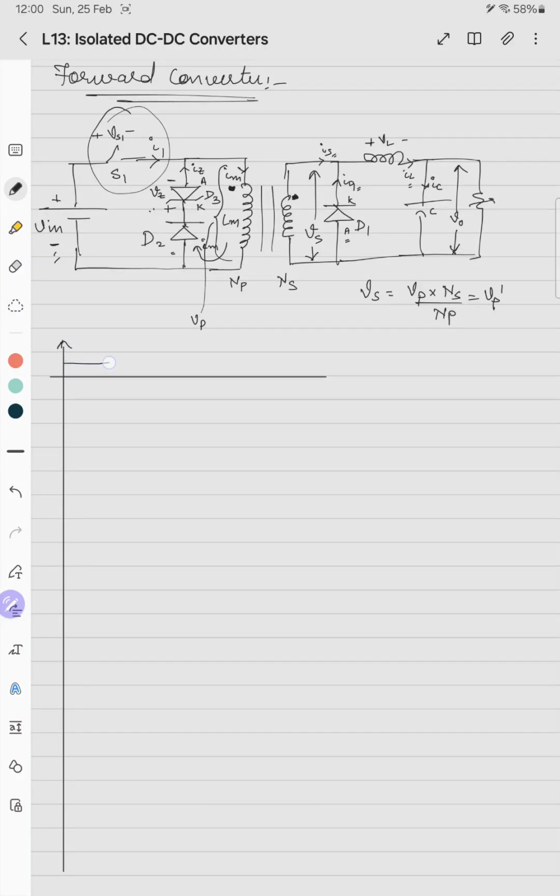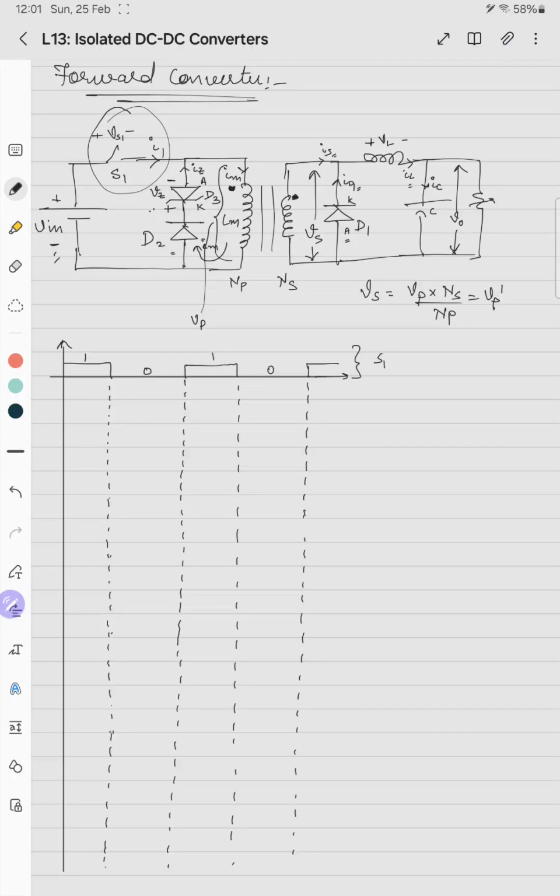Say that this is the gate pulse for S1, 1 0 1 0. So we just have to extend it down and plot all the steady state waveforms of the converter. So S1 is plotted, the switching pulses are plotted.